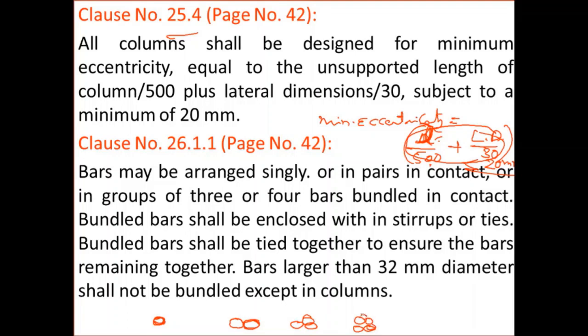The 4 bars or 3 bars are tied like this. This bar bundling is allowed only for bar diameter less than 32 mm. If it is greater than 32 mm, then bundling is not allowed.